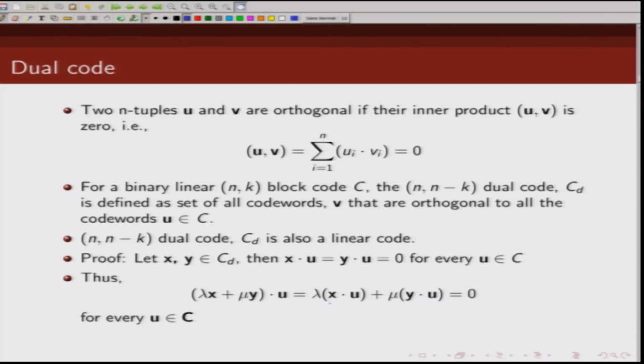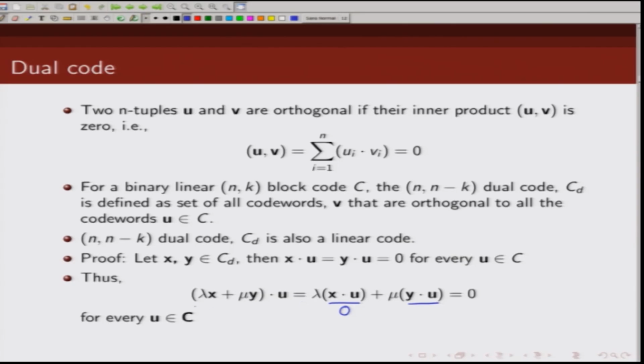Now what is x dot u? It is 0, because x belongs to the dual code and u belongs to the original code C, so they are orthogonal. Similarly, y dot u is also 0. Hence lambda x plus mu y dotted with the code word u is also 0.